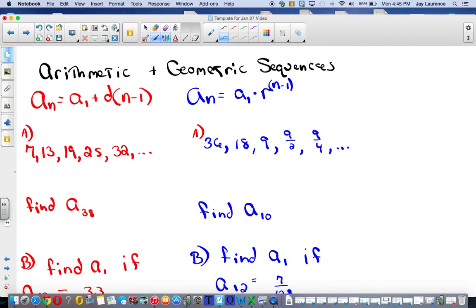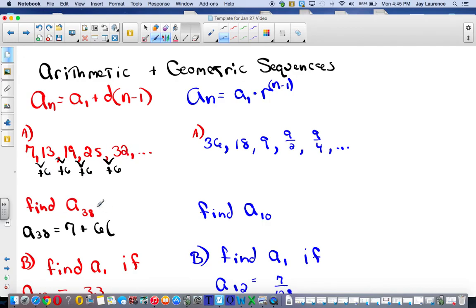Well, the first thing I want to do is find my first differences. Looks like it's plus 6 every time. This would make a linear function. Linear functions fall into arithmetic sequences. All I'm going to do is plug my numbers in. A sub 38 is going to equal a sub 1, which is 7 in this case, plus d, which is 6 from the plus 6, times n minus 1.